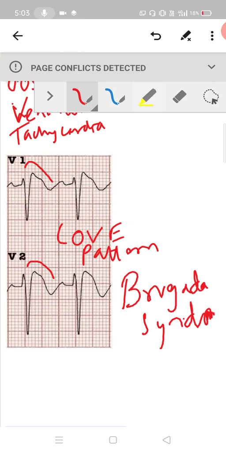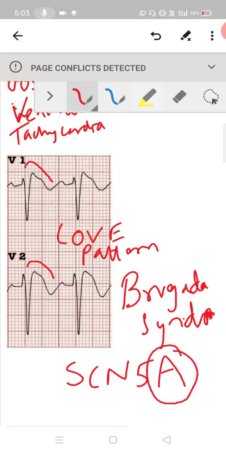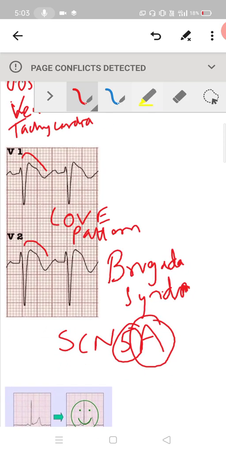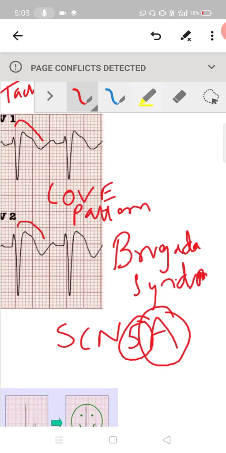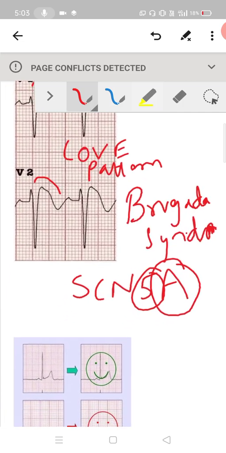As you know, and as additional information, Brugada syndrome is a defect of the sodium channel SCN5A. Mind it, guys, it's 5A. If it is SCN4A, it is defective in hyperkalemic periodic paralysis and paramyotonia congenita. But that is not our discussion. Our discussion is the Coved pattern and Brugada syndrome, SCN5A.